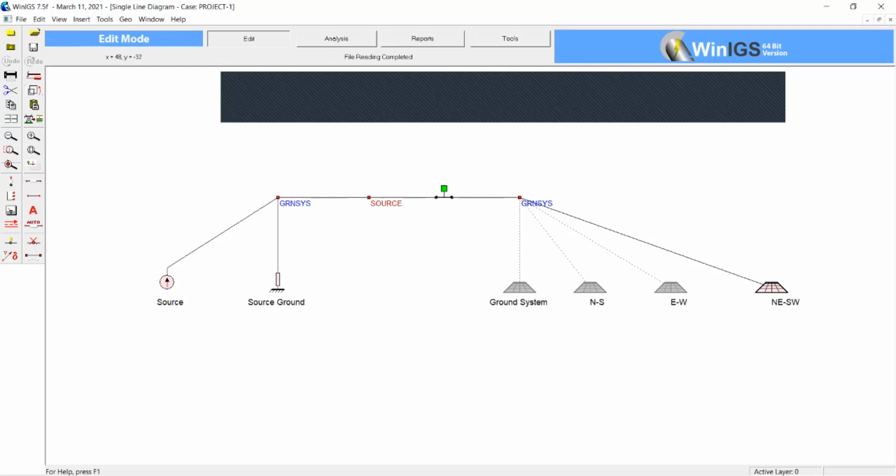Okay, so when your grounding grid is complete, you should have copied your grounding grid and pasted it 3 more times. So in each grounding grid, you should have used the soil resistivity data from 3 different traverses. So north, south, east, west, and northeast, southwest.